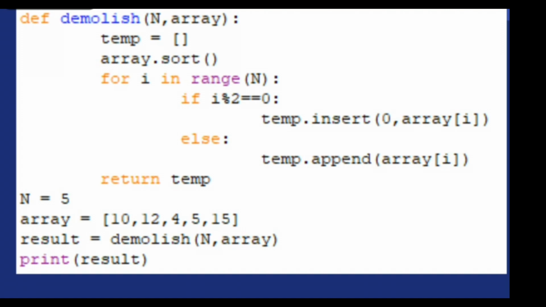In order to go through all the elements of the array, the loop starts: for i in range of n. If i modulo 2 is equal to 0, temp dot insert of 0 comma array of i, else temp dot append of array of i. Return temp.